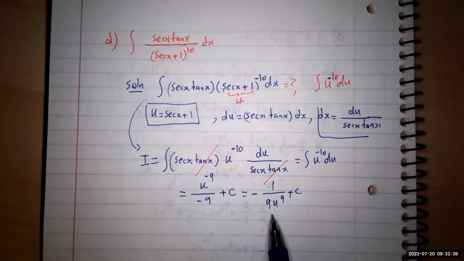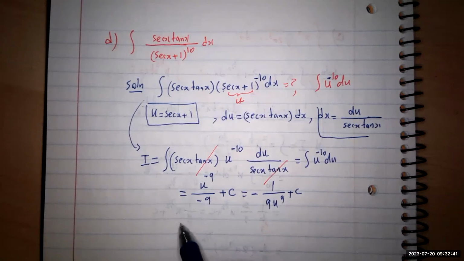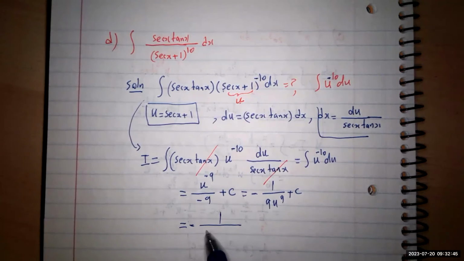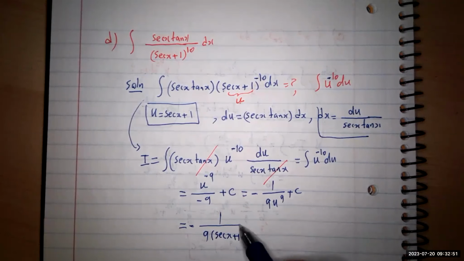Now we substitute for u to finish it. So it's minus 1 over 9 times secant of x plus 1 to the 9, plus the constant c, and then you're done.